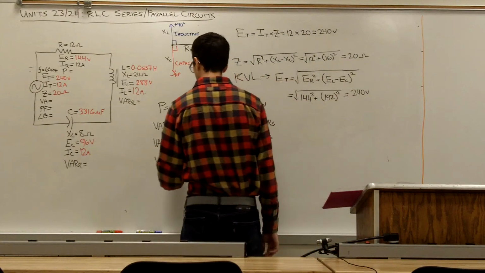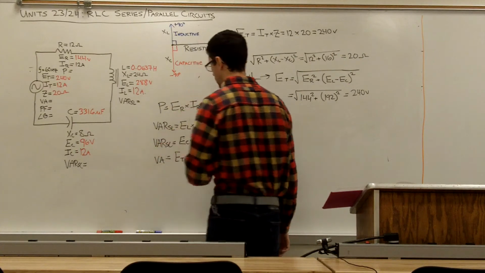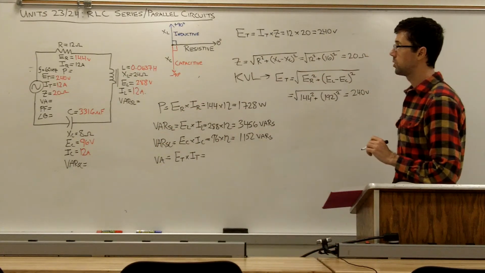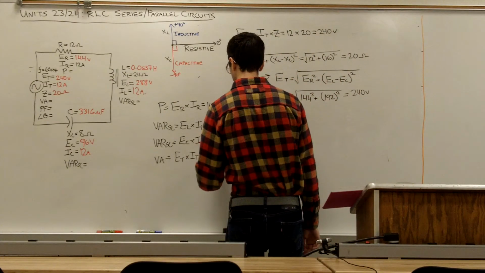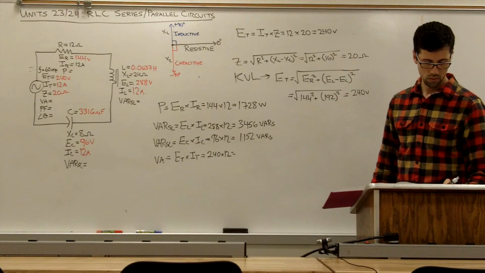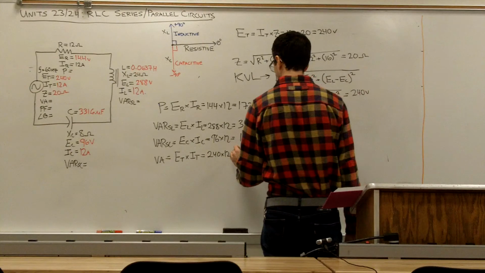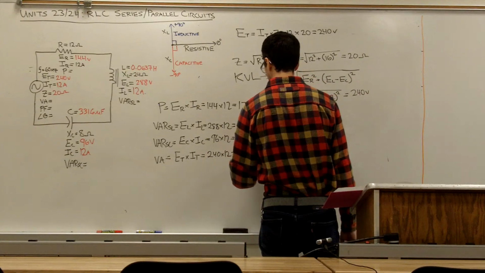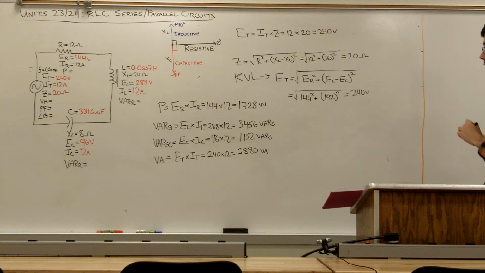That's going to be E sub T times I sub T, the total voltage multiplied by the total current. So 240 volts times 12 amps gives me a total apparent power of 2,880 volt-amps.